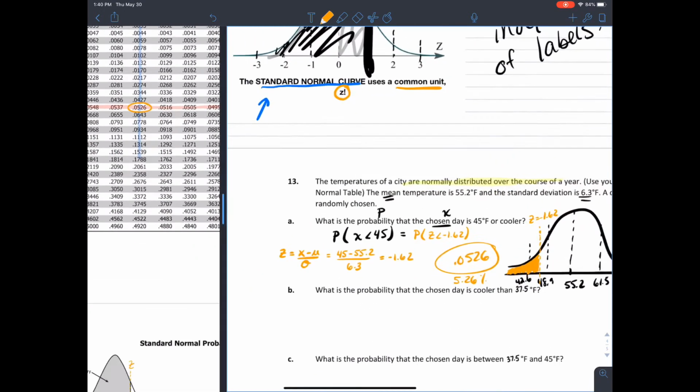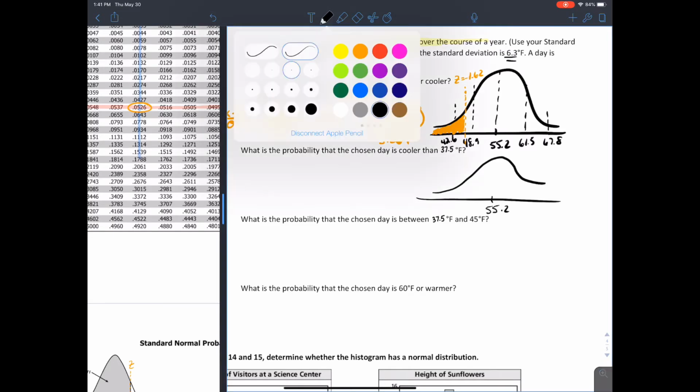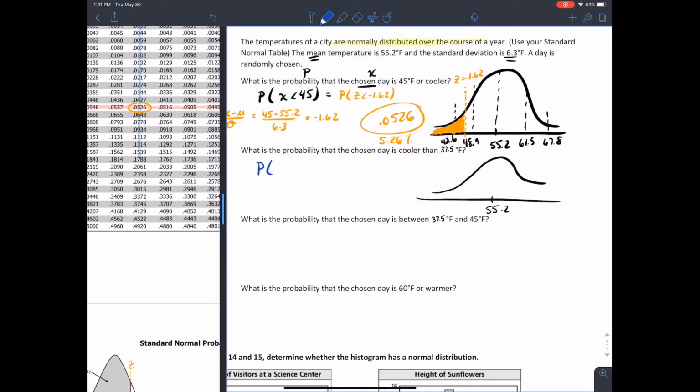Let's go ahead and do another one a little bit quicker this time. If I redrew that standard normal curve, I know it's centered at 55.2. Now we're looking for the probability that a day is cooler than 37.5 degrees. Well, 37.5 degrees is way over here.